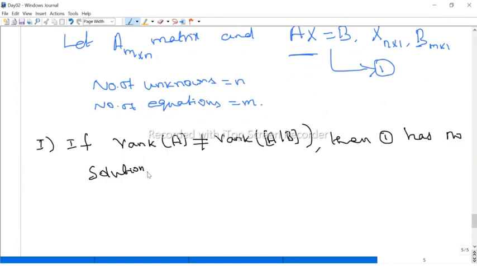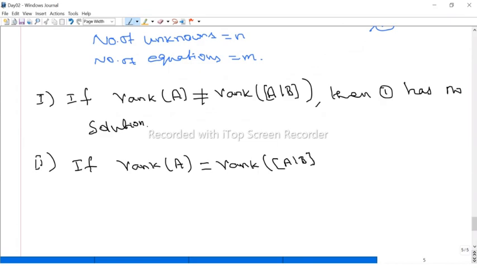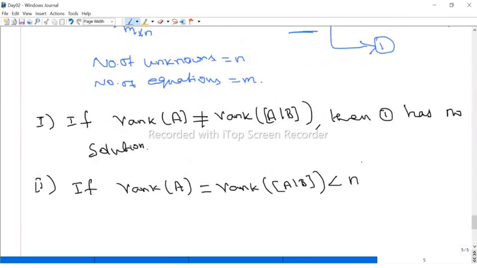If the rank of the matrix A and the rank of the augmented matrix are different, the system has no solution. Second, suppose the rank of the matrix A equals the rank of the augmented matrix AB, and it is less than n, where n is the number of unknowns.